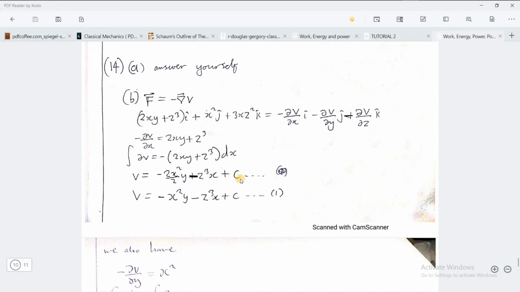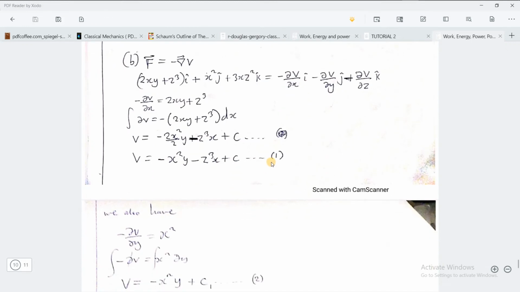After integration we get this expression, and simplifying it we get this. We'll call this equation 1.